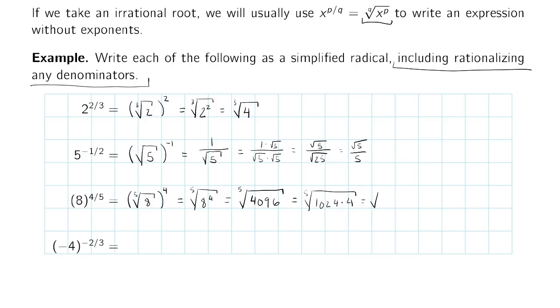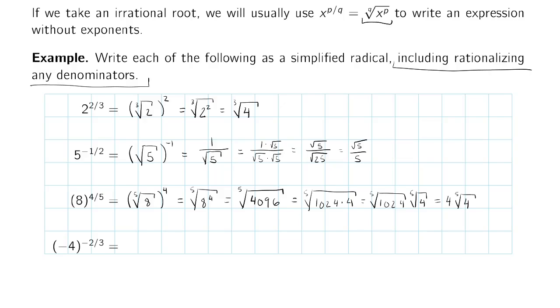So I can split up this fifth root as the fifth root of 1024 times the fifth root of 4. And I can actually do the fifth root of 1024. That's just 4. And so this simplifies as 4 times the fifth root of 4. Not as bad as it looks.